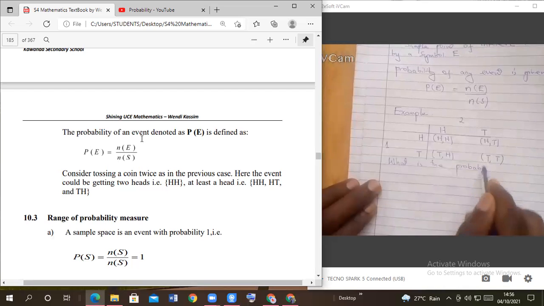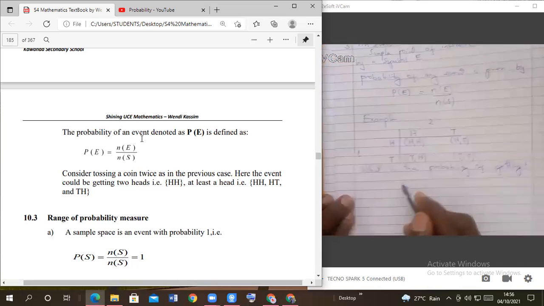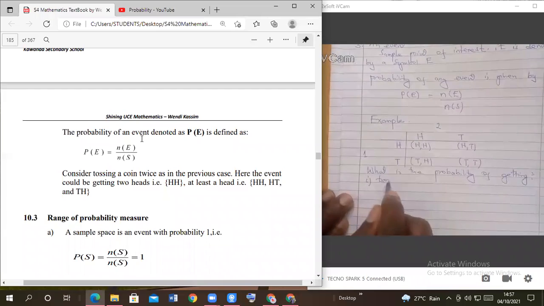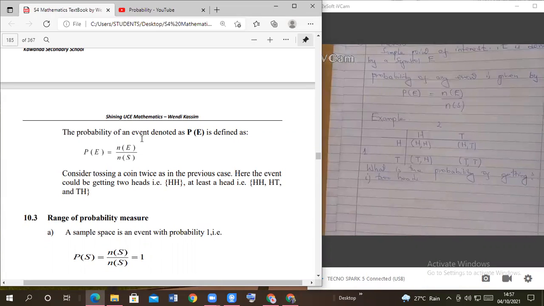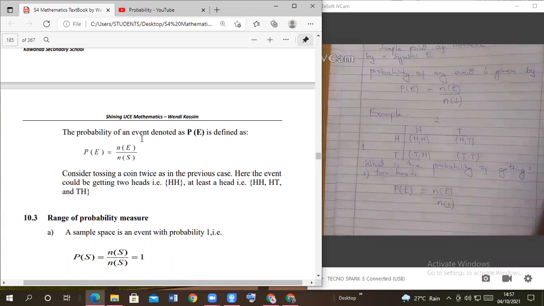What's the probability of getting 2 heads? Just start by writing the formula. Probability of any event is given by the number of events over our sample space.